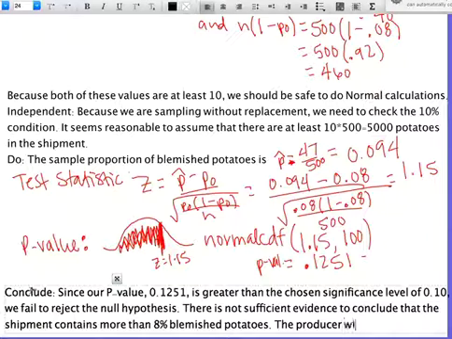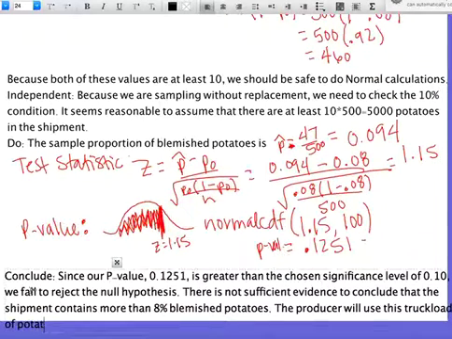The producer will use this truckload of potatoes to make potato chips.